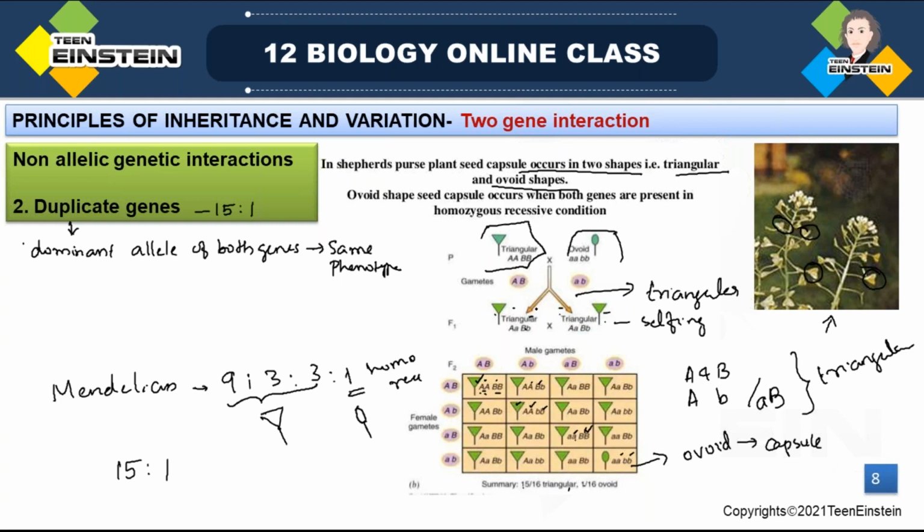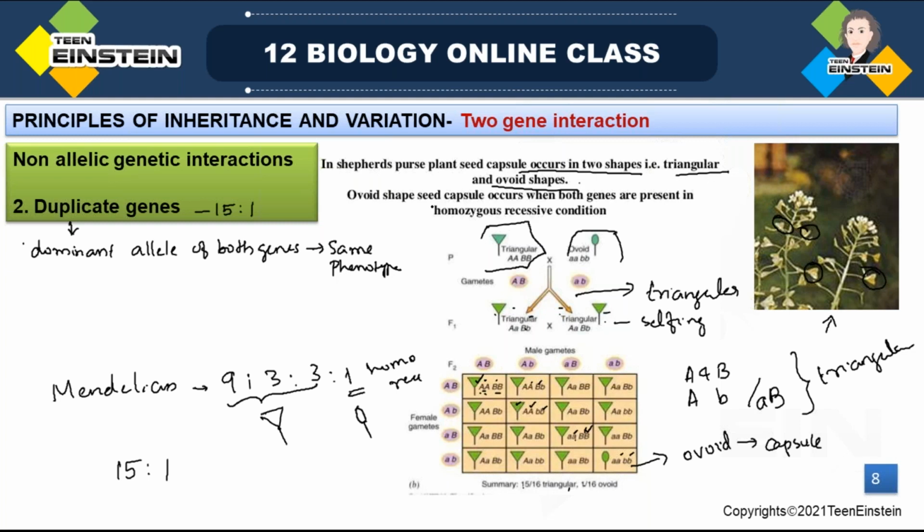So here what we are saying is, when it is coming together or separately, if any one allele is in dominant condition, whether coming together or separately, both will give triangular capsules. So in shepherd's purse plant, the seed capsule occurs in two shapes, triangular and ovoid.